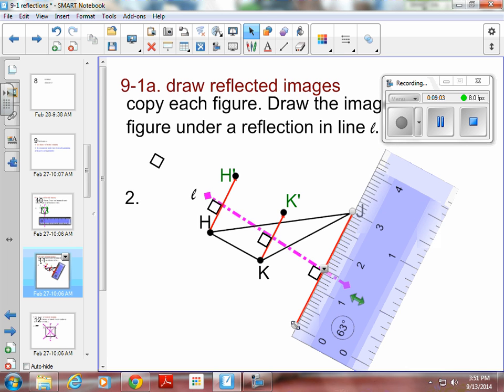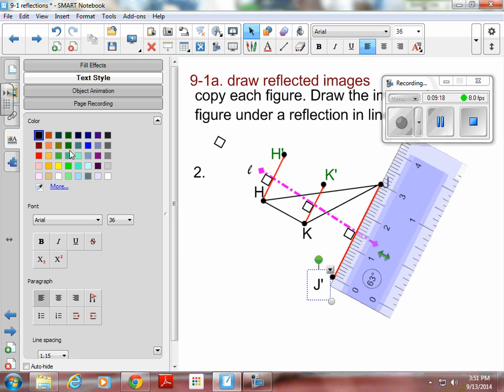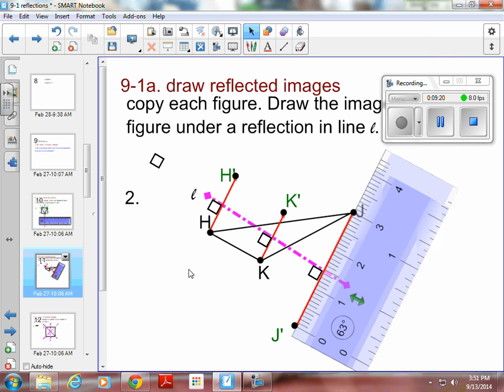I can move this out. Again, put a point at J, put my point at J prime, make J prime a nice pretty green. Oops, wrong one. Okay, and then I can move my ruler out of the way.